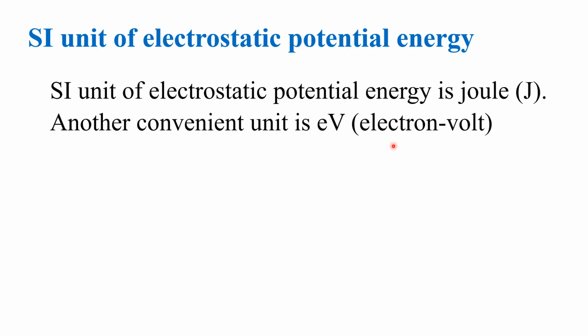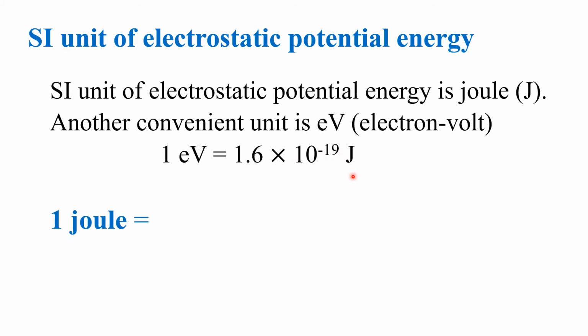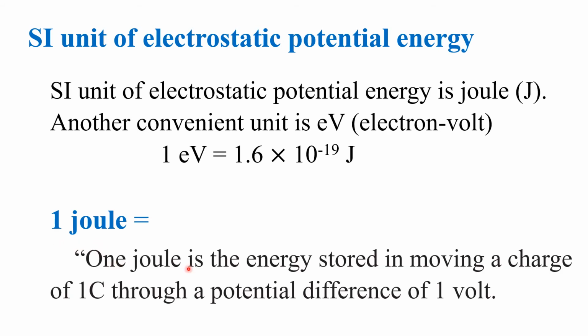So for our convenience, we can use electron volt, and 1 electron volt is equal to 1.6 into 10 raised to minus 19 joule. Here we can define 1 joule: 1 joule is the energy stored in moving a charge of 1 coulomb through a potential difference of 1 volt.